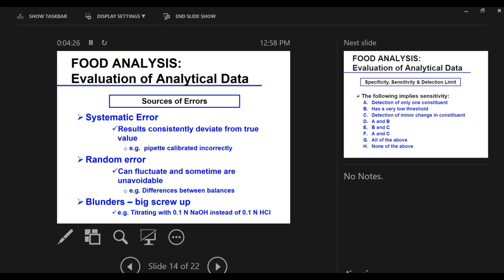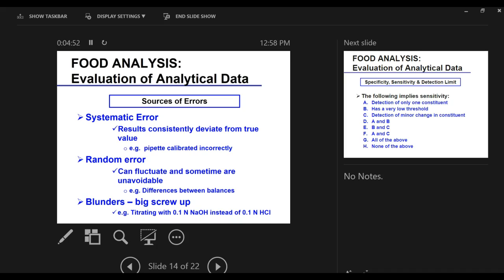Random error can be coming from, for example, utilization of different balances for the same measurement. For example, you will be measuring moisture content in your food, and then you need to measure first the weight of your empty dish that you're going to weigh your sample in. And then you weigh in your sample, and then you put it in an oven.